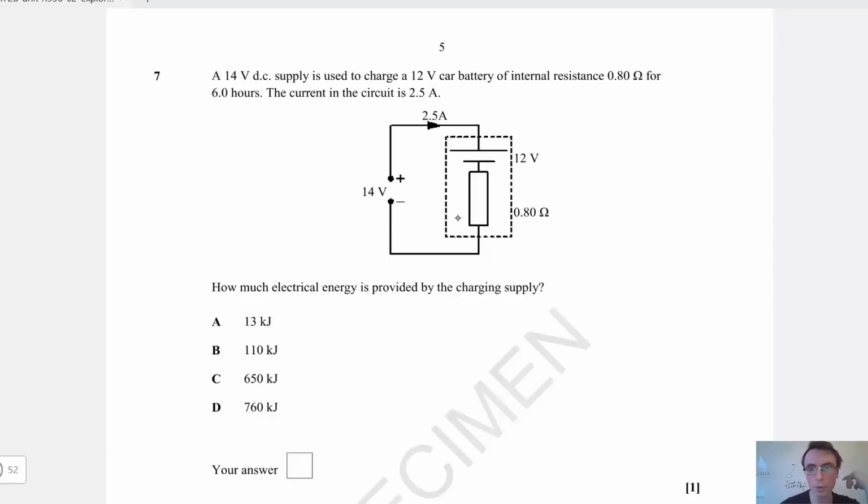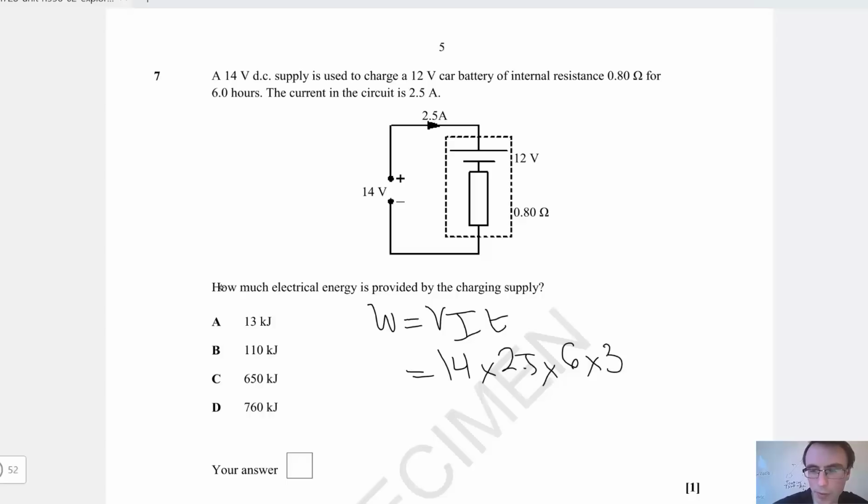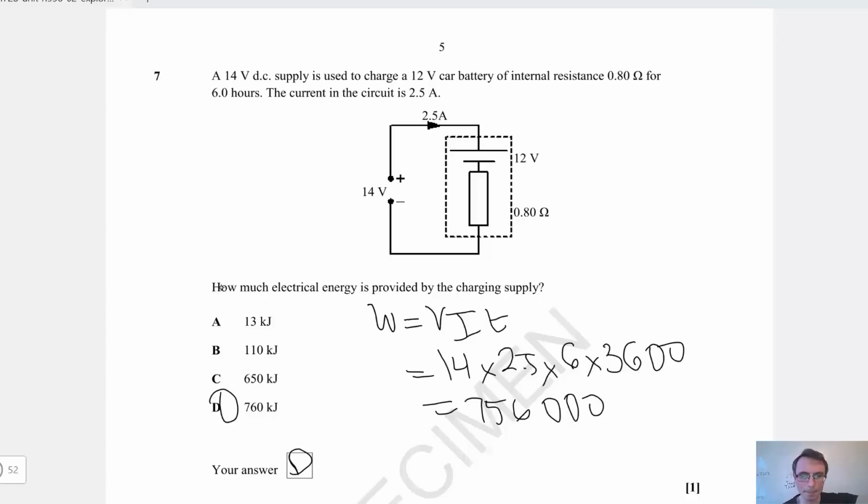But overall, the total energy that's been supplied is just VIT, which is going to be 14 times 2.5. The time is in hours, so it's going to be 6. Convert that to seconds, 3,600. And this is going to give me 756,000. Correct answer is D.